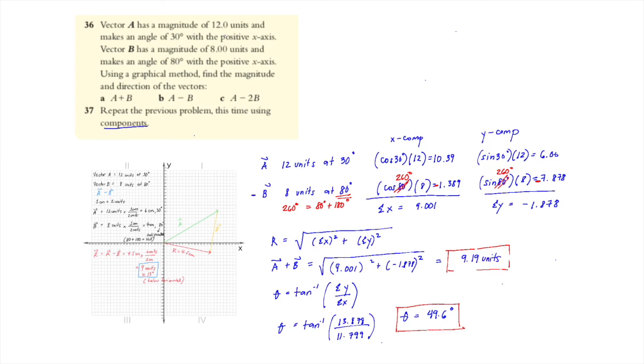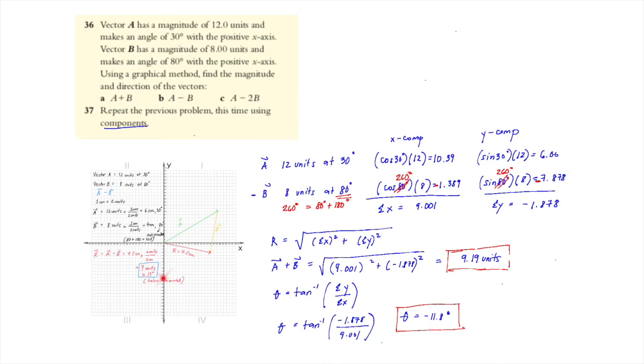And so checking the values of our graph, that is around 9 units. And what is now the angle? Let me just erase this. The angle now would be negative 1.878 over 9.001. And so the angle here is negative 11.8 below the horizontal.